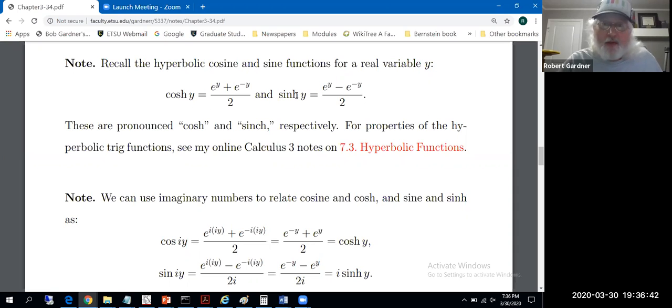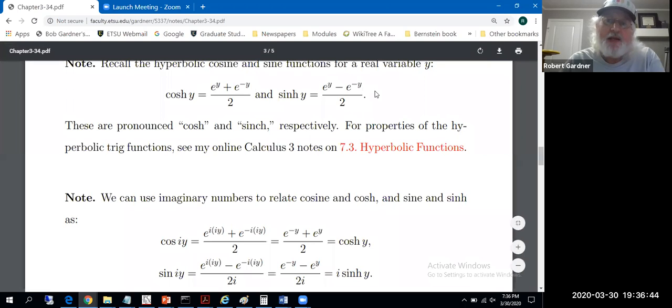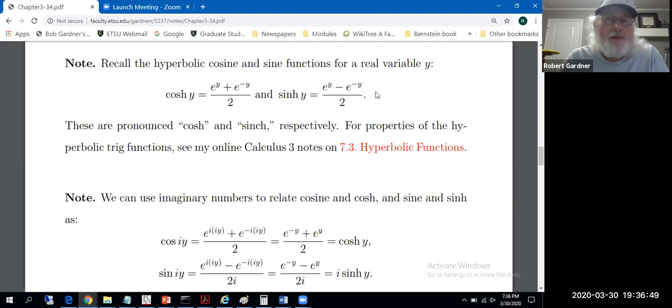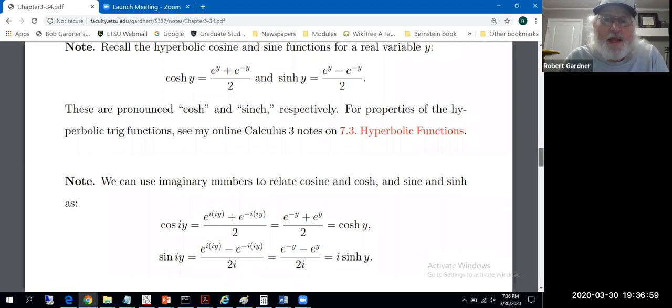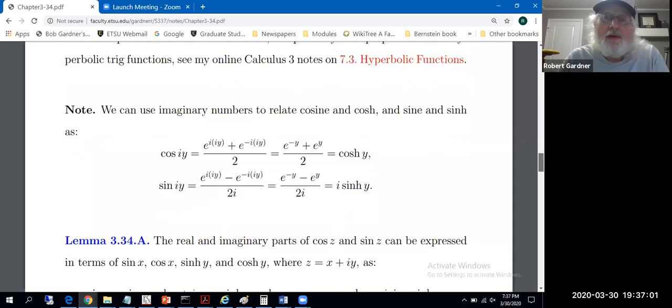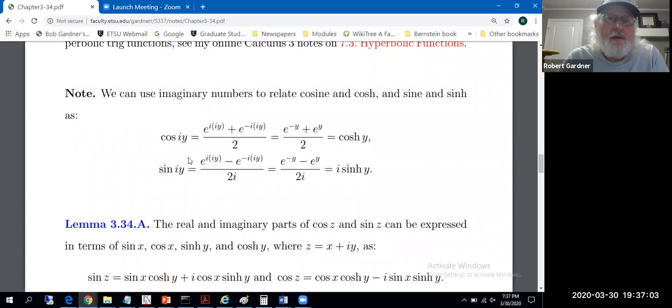It isn't. There's nothing complex in any of this hyperbolic definition stuff. It's all real. But the exponential functions seem to play some similar role here as they played upstairs when we defined sines and cosines in terms of exponentials. We can relate sines and cosines with cosh and sinh as follows for those reasons.